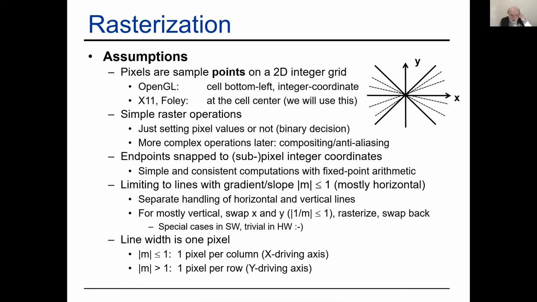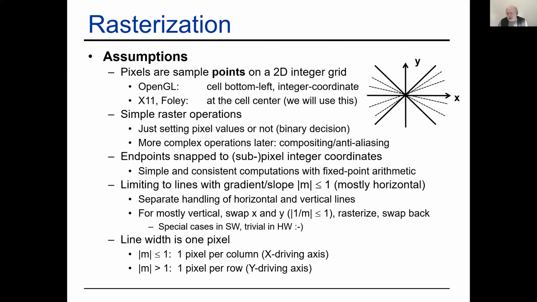So either we set a pixel to some color value or we don't. So it's a binary decision. We will briefly talk about some more complex operations, compositing and anti-aliasing, where you actually need to do more. That's a whole story in itself. We only talk about this very briefly.